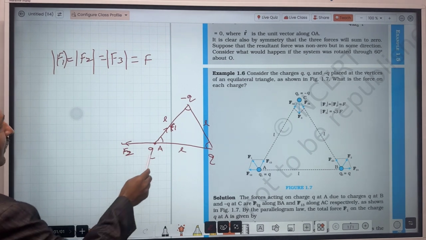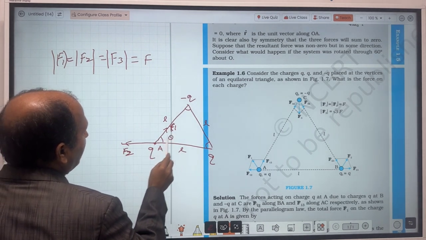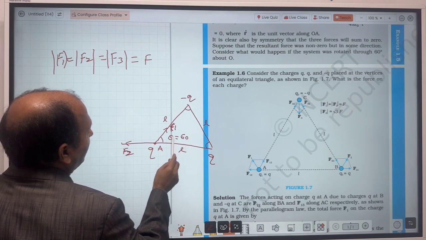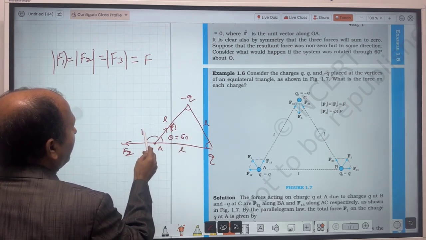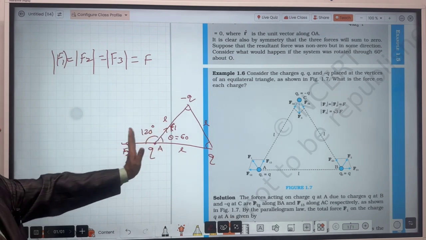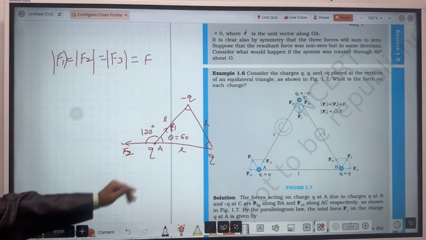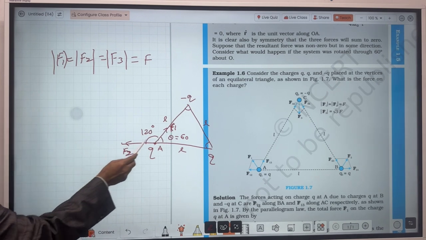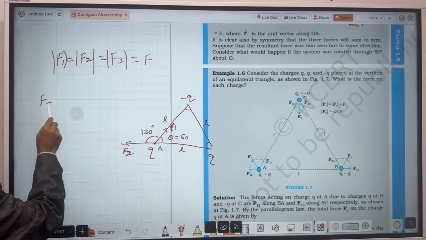Now here, if this angle is theta, theta is 60 degrees because this is an equilateral triangle, so this angle will be 120 degrees. So there are two forces of magnitude F acting at an angle of 120 degrees. So the resultant of these two forces can be found.